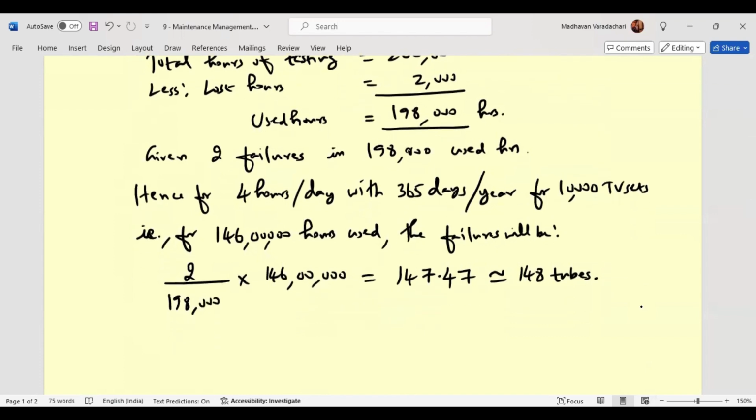Now, mean time between failure will be the 198,000 divided by 2 failures. So we get 99,000 hours per failure.